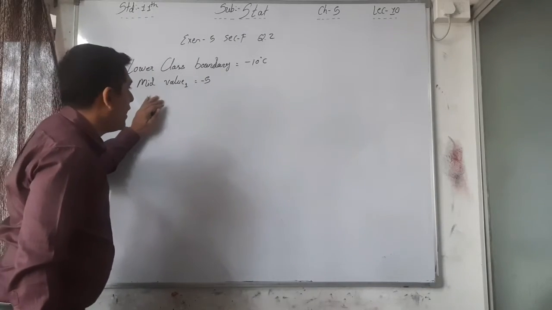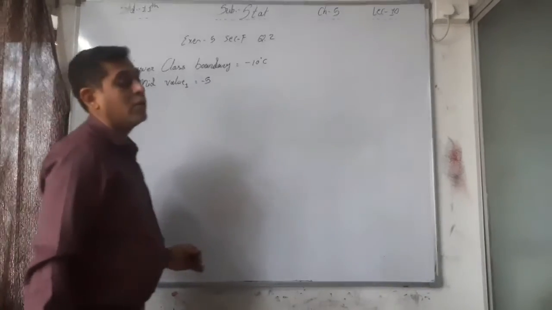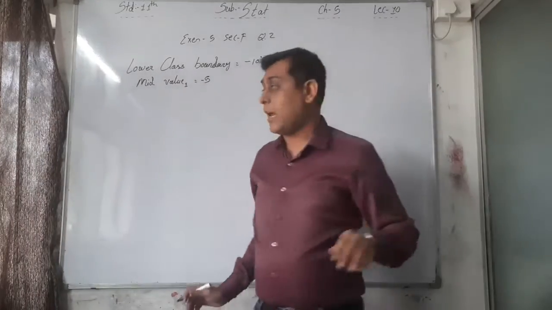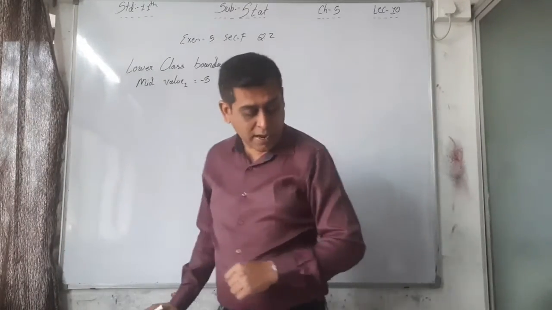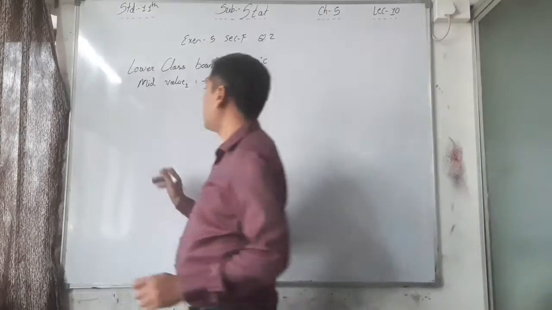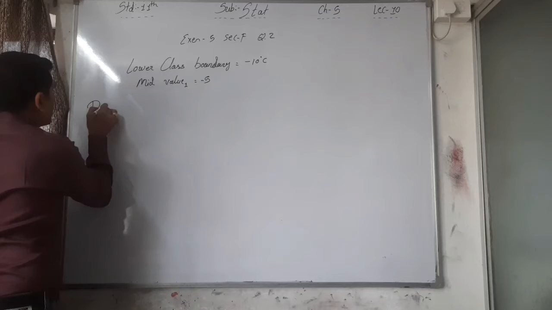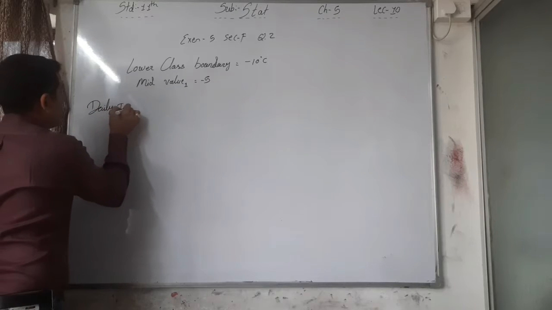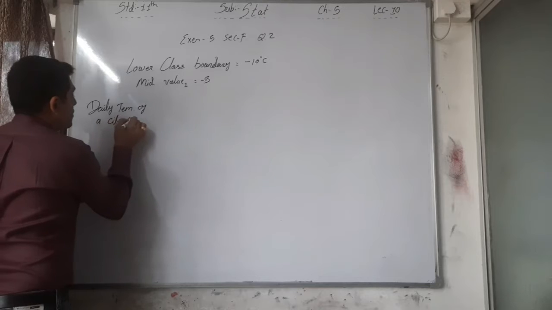On the basis of that, first of all we have to find out the original class. See the original class: daily temperature of a city in Celsius.